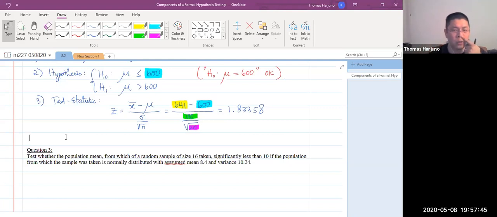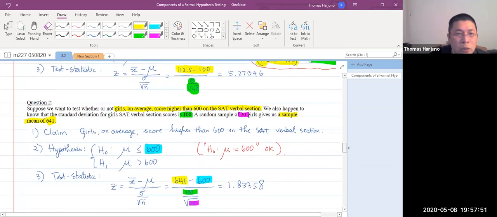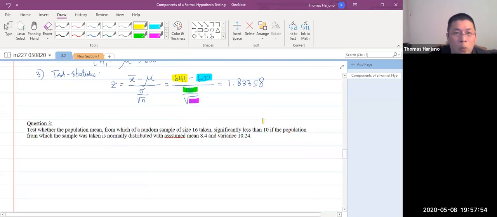Oh, hold on. This one is actually new for us. What is new? The sample is taken from a normal distribution with an assumed mean.